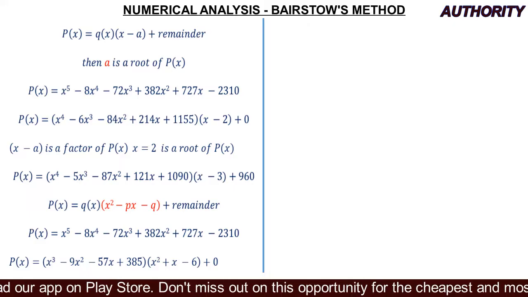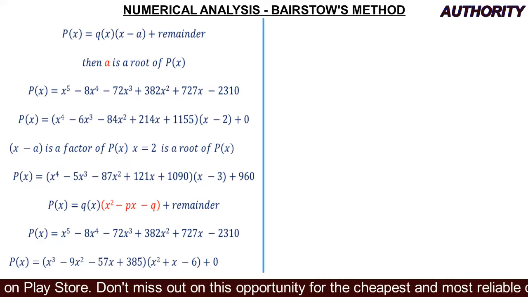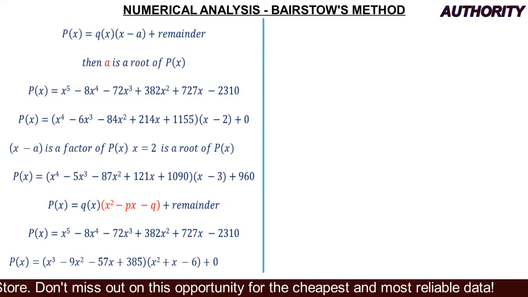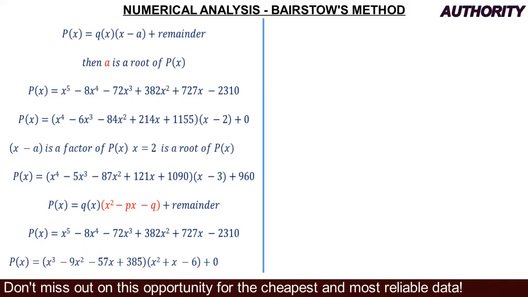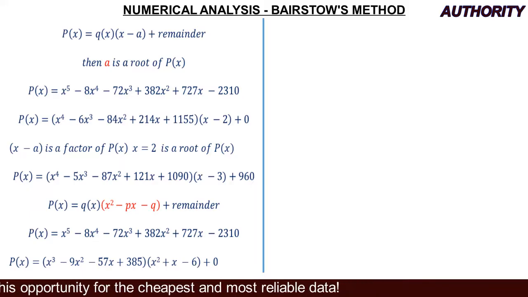So now look at this polynomial p of x that we have, it is of degree 5. Now we started by saying that this polynomial of degree 5 can be split into a product of two polynomials, of which one of them is what? Is quadratic.